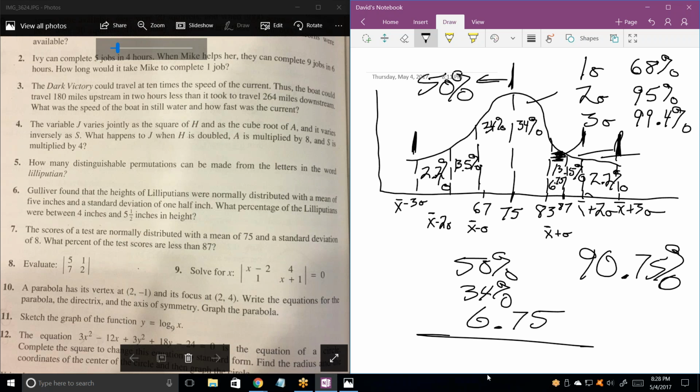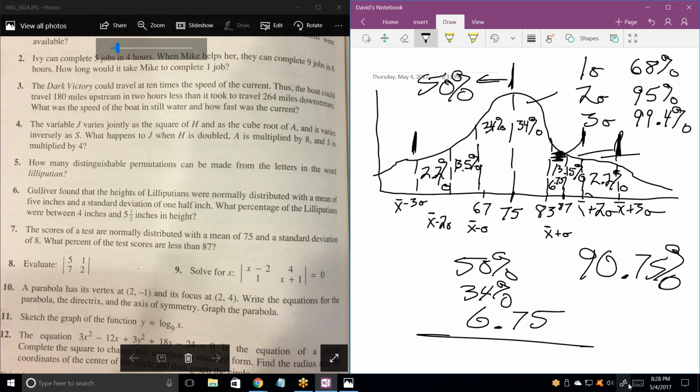Now the reason I did it differently, I used 50%, is because this thing goes way out and you eventually get 100% of the data. And it's important to know that 50% of the data lies to the left of the mean and 50% lies to the right. So I know that if they'd have said, what percentage of the scores are less than 75, the answer is 50% without doing any more work.